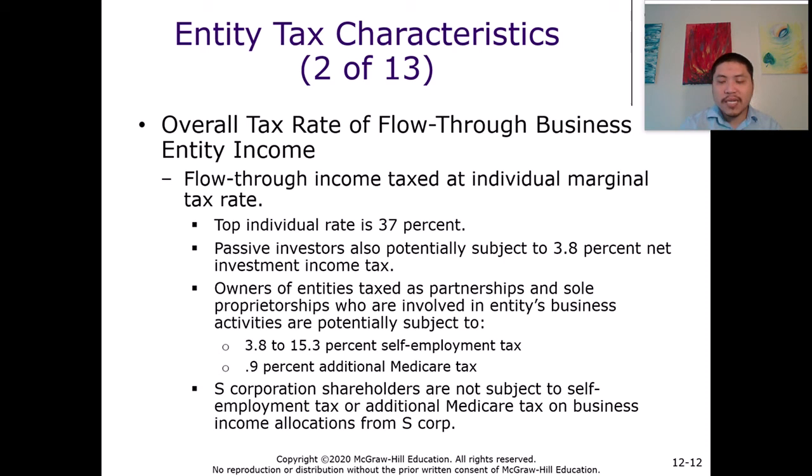So maybe it's higher than 21%, maybe it's lower than 21%. If it's lower, then it may provide a great advantage compared to a C corporation. But if the tax is higher, then it may not be a good idea to form the business as a flow-through entity.